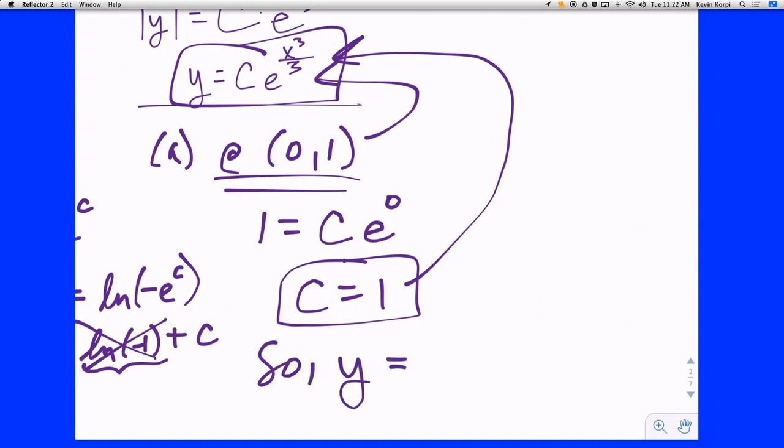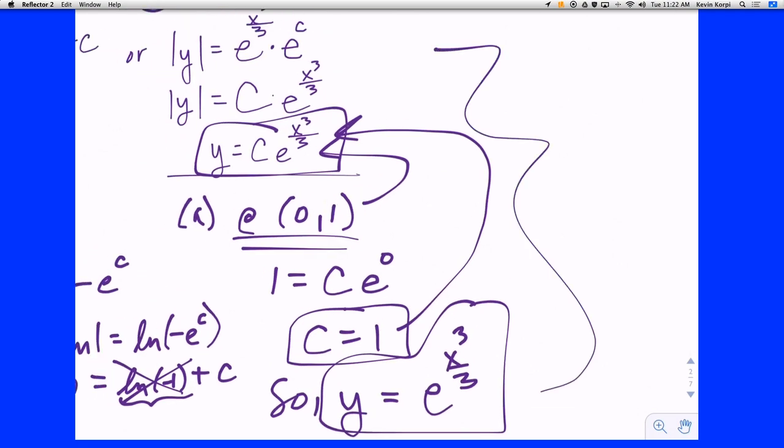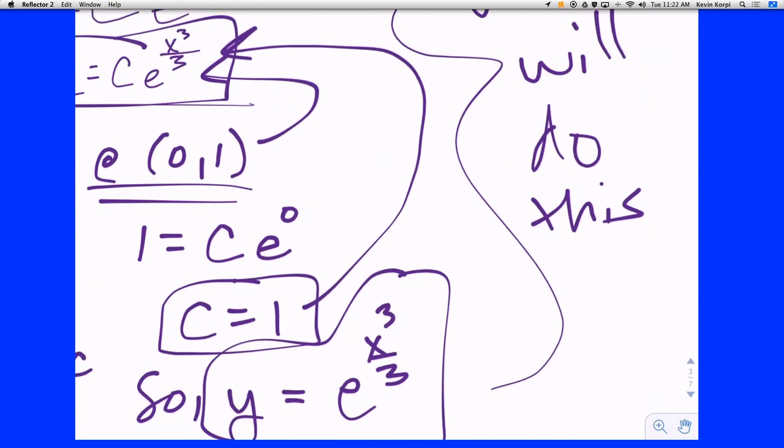What kind of 1 did we find? Positive 1. e to the x cubed thirds. So we don't have to plug back in and decide if it's plus or minus. It comes out in our calculation. So this is the way we will do it.